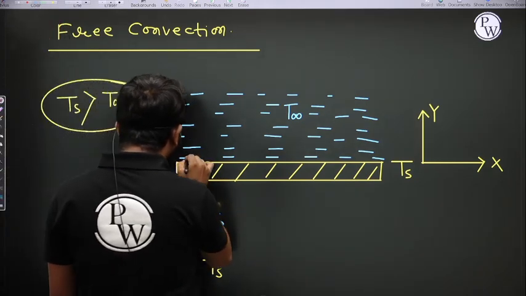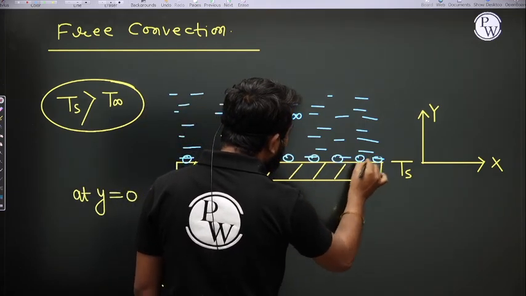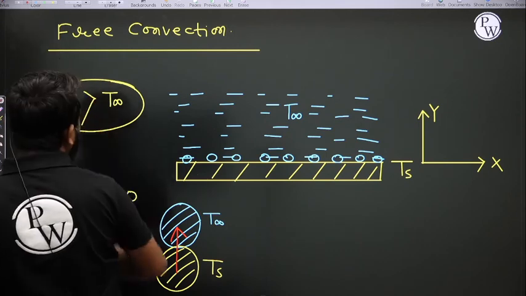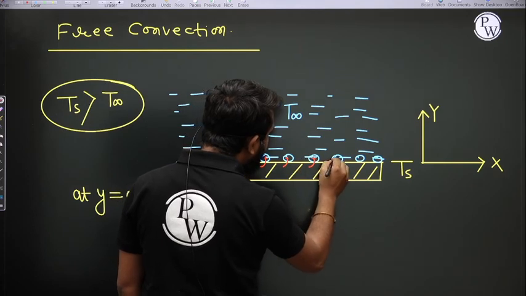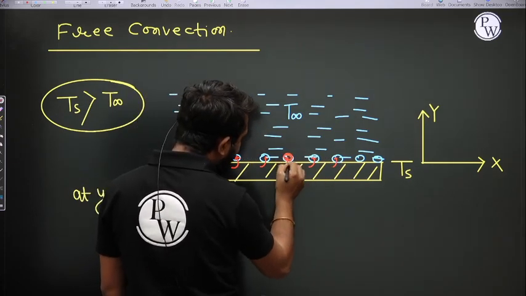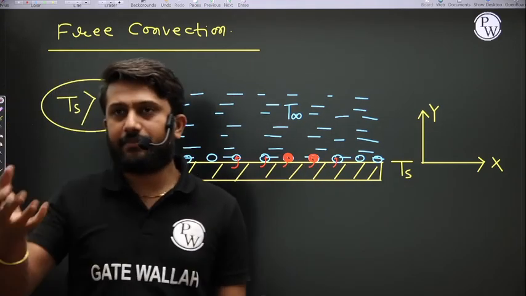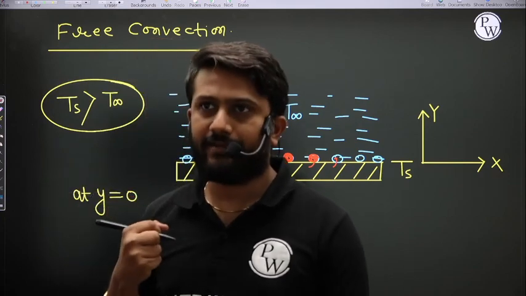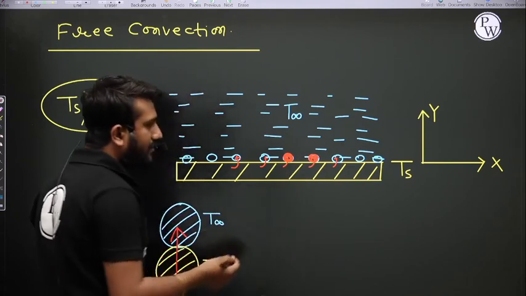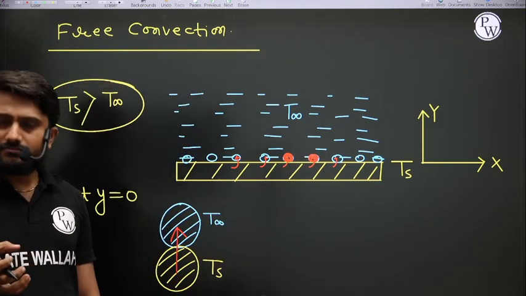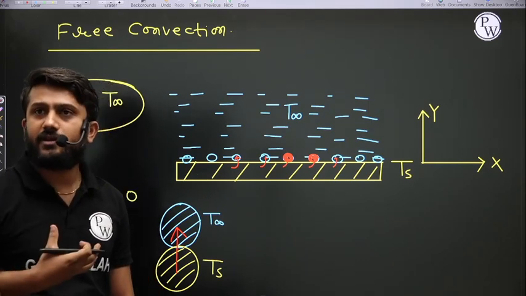Is it fine? Now see, the particles present at y equal to 0 take the heat energy from the plate via conduction. If I consider these two fluid particles present at y equal to 0, they extract the heat energy from the plate, or heat energy is flowing from the plate to the fluid.